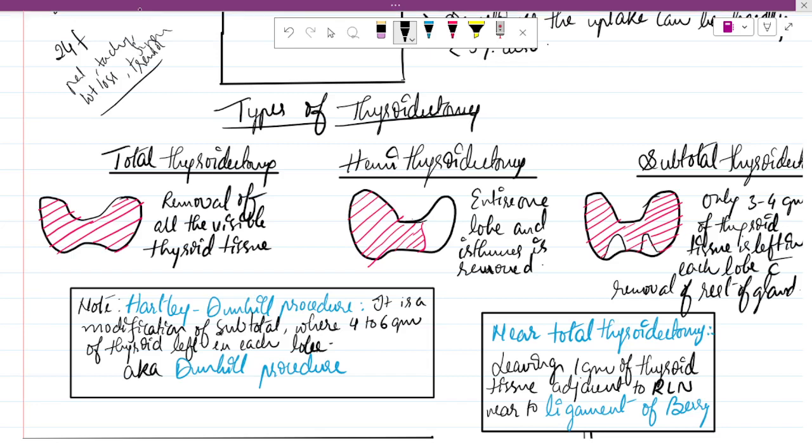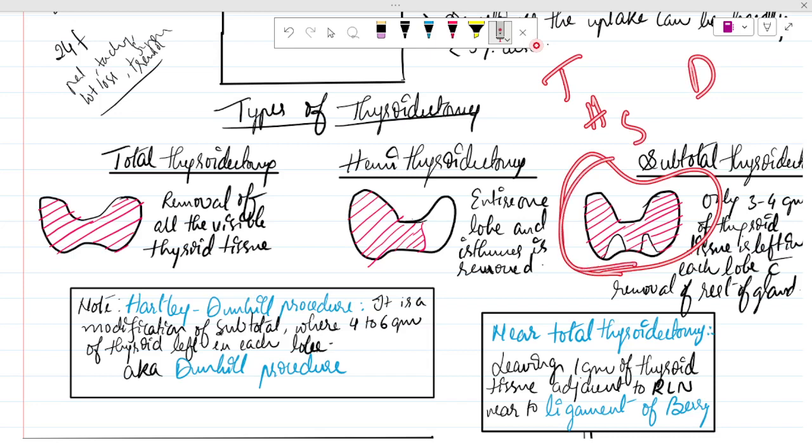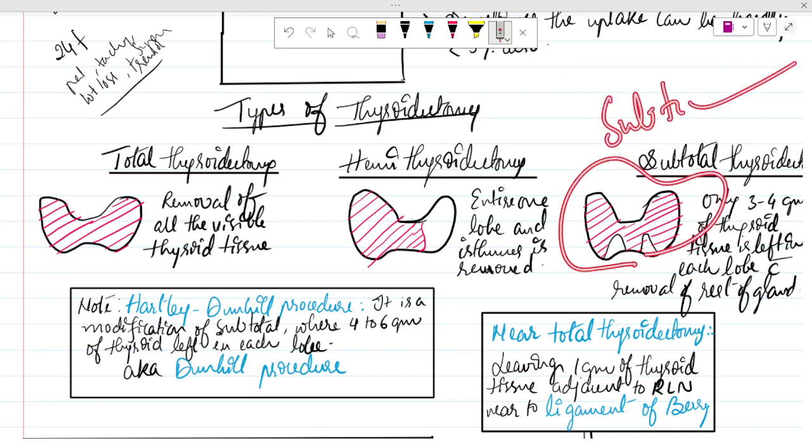She underwent the below surgery. The diagram will be like this. What is the type of thyroid surgery done? Total, hemi, subtotal, Dunhill. If this was given, you should mark subtotal as the answer.